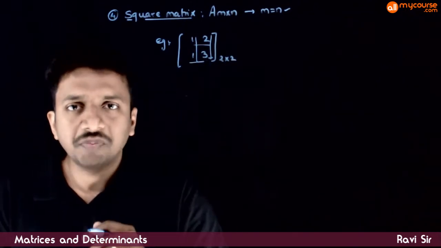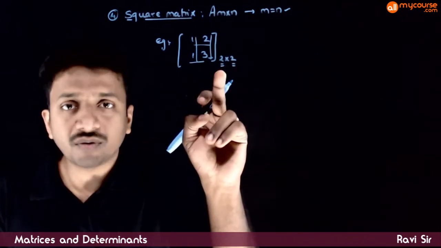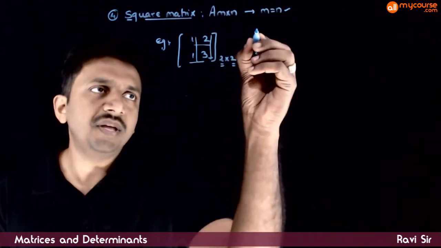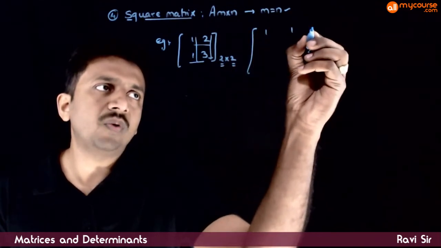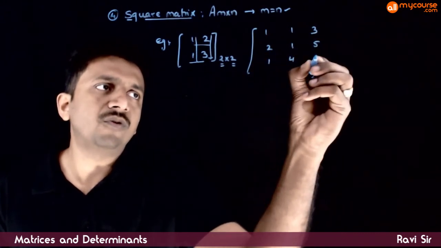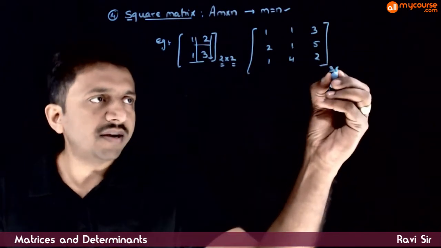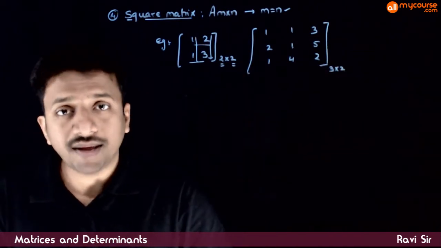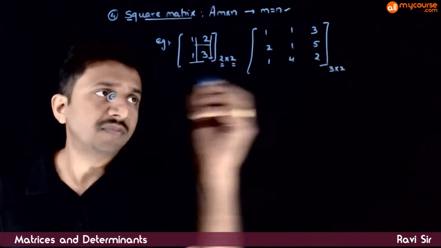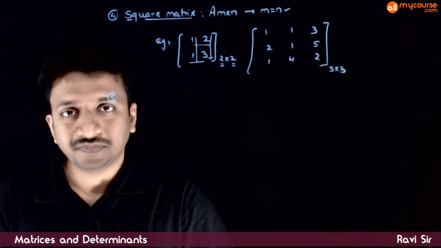So this is an example of a square matrix. The number of rows is the same as the number of columns. Or it can be a 3 by 3 matrix: 1, 1, 3, 2, 1, 5, 1, 4, 2. The first is a square matrix of the order 2 by 2. Next, a square matrix of the order 3 by 3.